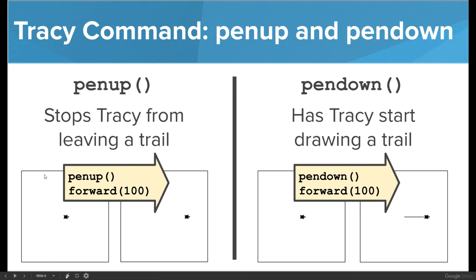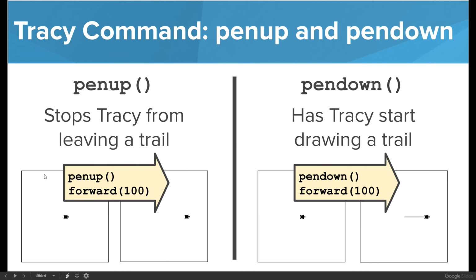Oh, two more terms. Pen up and pen down. So we've all seen how Tracy, when we move her, she leaves a trail behind her. I want you to think of that as if Tracy's holding a pen or a pencil, or maybe there's a pencil tied to her tail, right? And whenever she moves or draws a circle, she's leaving a trail behind her.